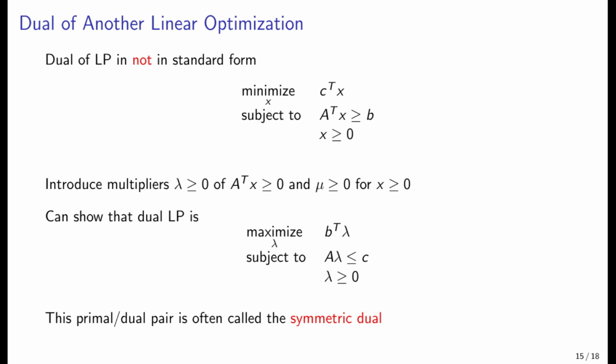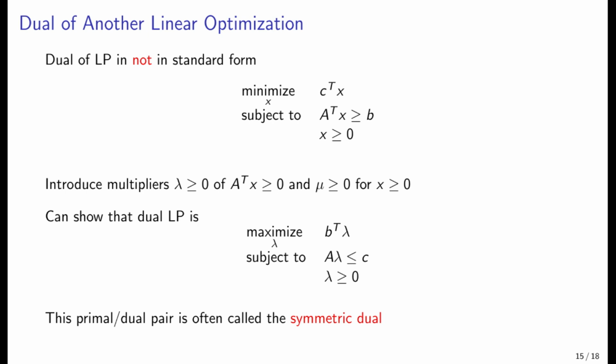You can also form the dual of a linear program that's not in standard form. So you do the same thing, right? You introduce multipliers, lambda for the inequalities and mu for the simple bounds. You write down the Lagrange dual. You take the gradient of the Lagrangian, set it to 0. You get some inequalities, or equations, that pop out that allow you to simplify it.